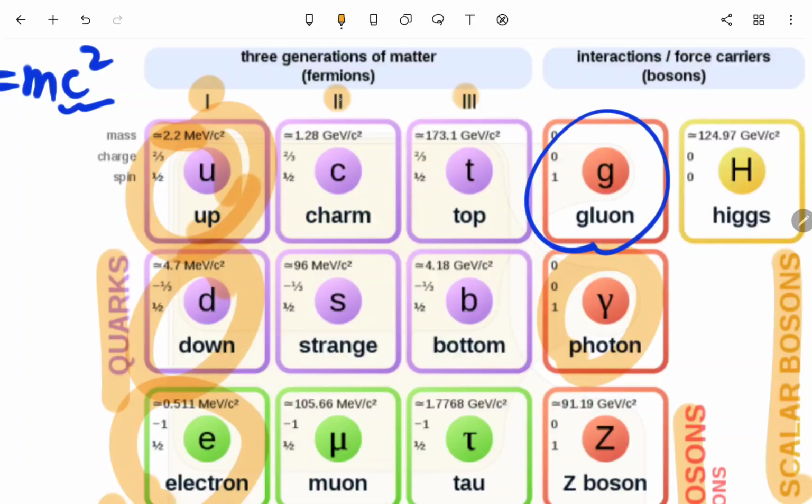For the second generation, it goes up to 1.28 GeV per c square, and then this one is 100 something. Whether there is a fourth generation, so far we don't know yet. Maybe if we have sufficiently high energy particles, we may be able to find the fourth generation, but we don't know.